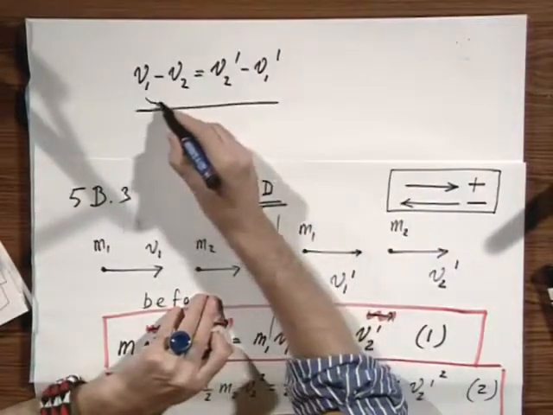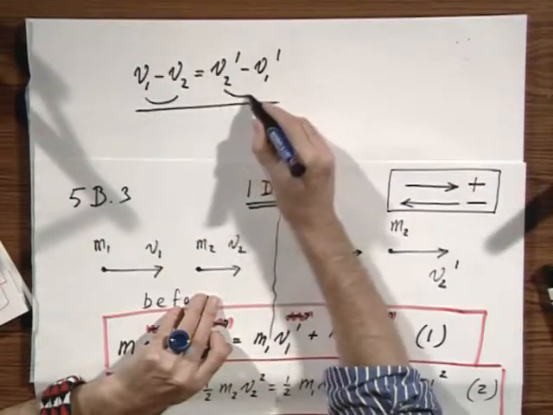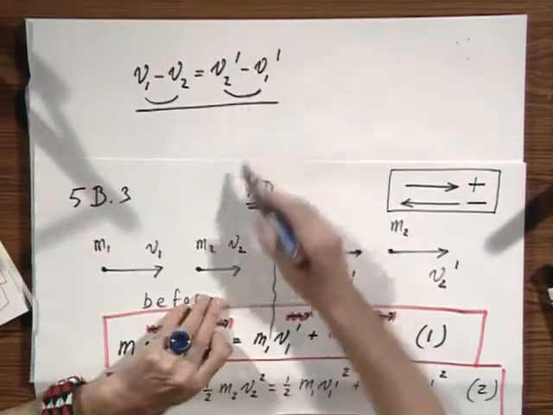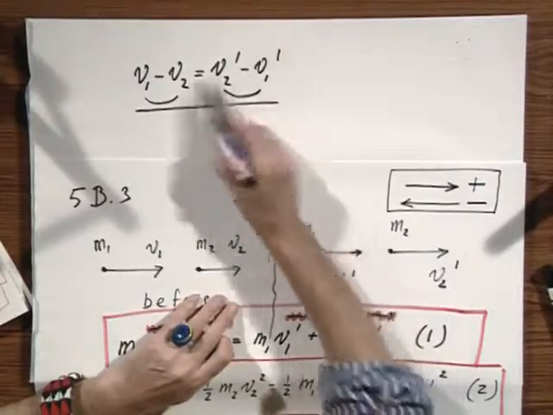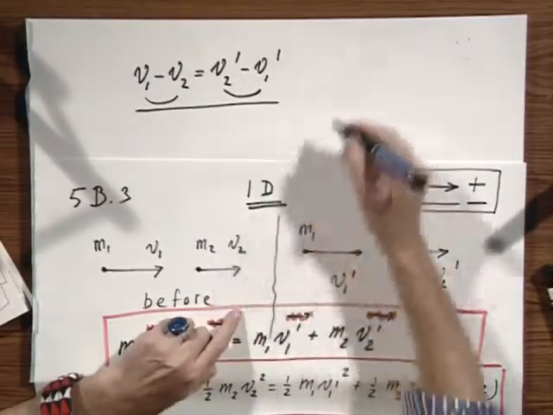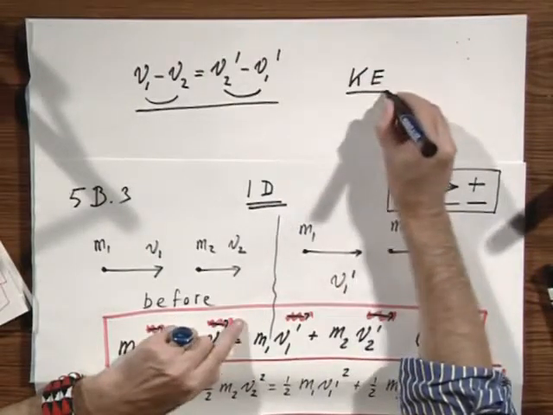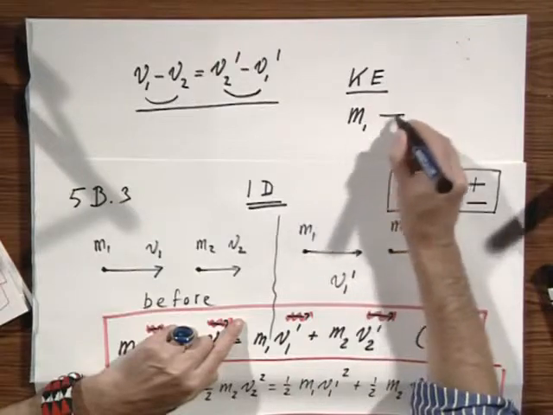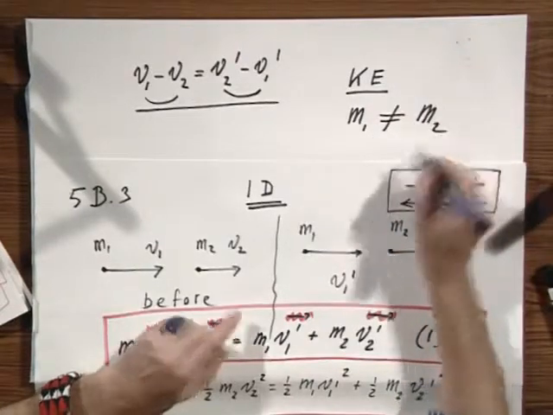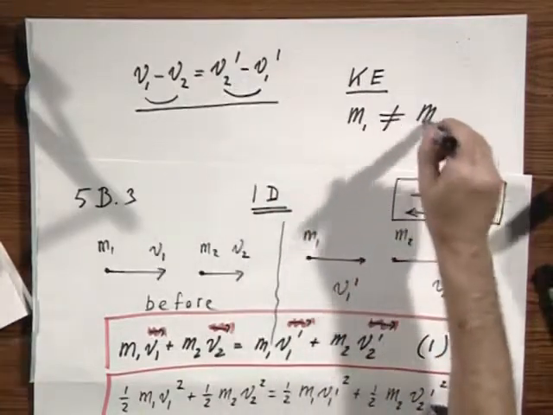This is the relative velocity before the collision between the two objects, and this is the relative velocity after the collision. And it's not so obvious that that would be the same. Of course, it's only true if kinetic energy is conserved. But it is not required that m1 is m2. When you derive that, you will see that that is not a must.